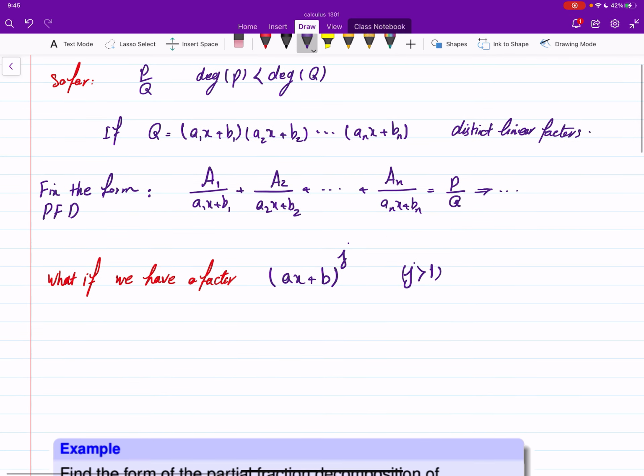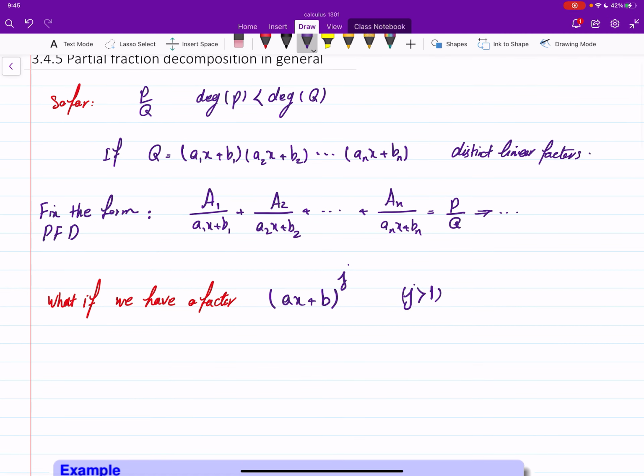Okay, in that case, this is interesting. You have to listen here. This is important. For such a factor, you don't add one partial fraction. You add j partial fractions. What are the partial fractions you add? Well, you start with ax plus b to the power j, and then in the numerator, I don't know what to put yet, just a constant.